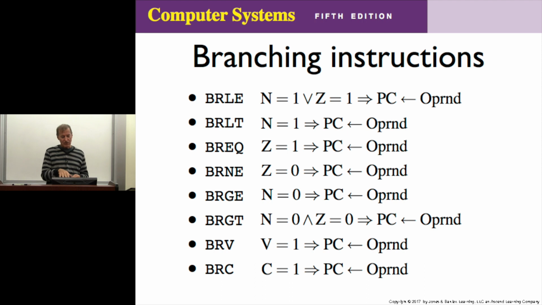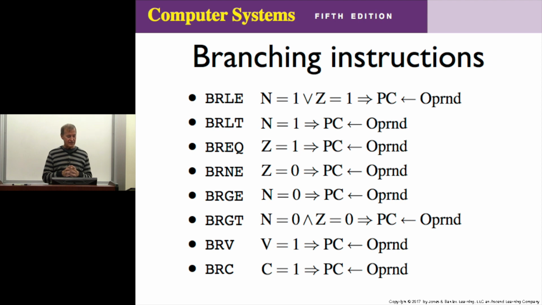I'm not going to go through all of these, but let's take a look at a few of them. Look at the first one. BRLE means branch if less than or equal to. So when does it do the branch? What does the RTL, Register Transfer Language, say?